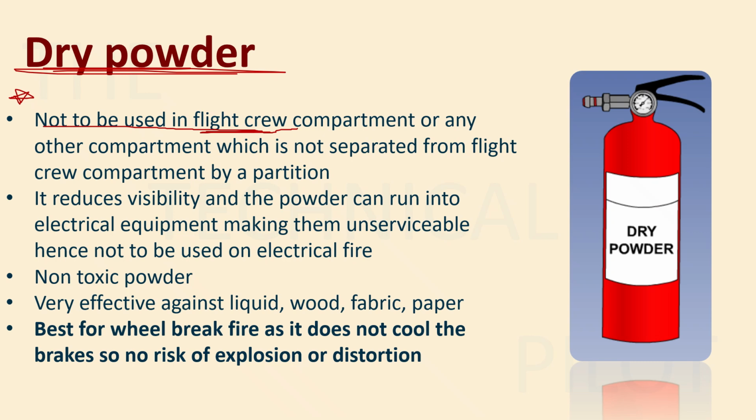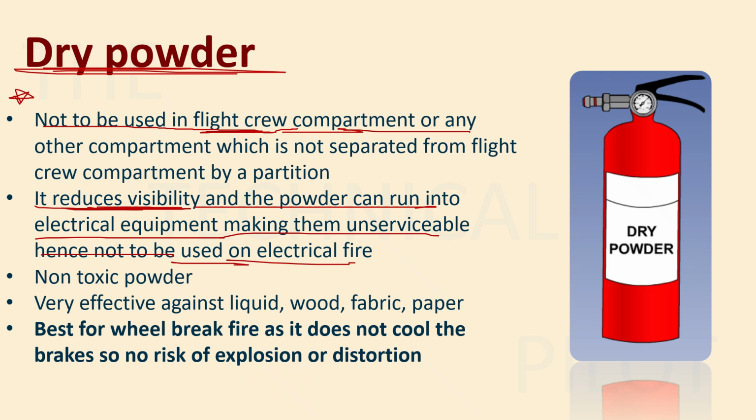They are never used in your flight crew compartment, right? So you cannot use this kind of fire extinguisher in your flight crew compartment. And the reason is very clear: they reduce the visibility, right? And the powder can run into the electrical equipment, making it unserviceable, right? So hence it is not to be used on electrical fires, right?